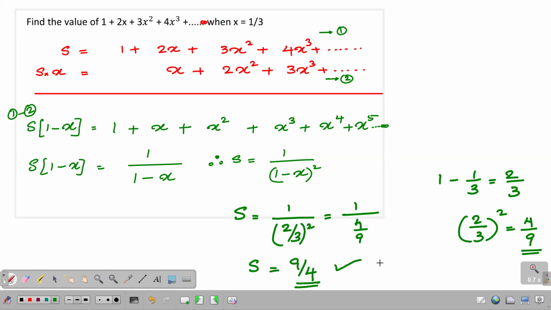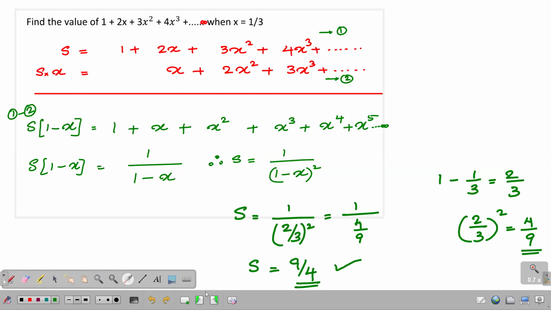This is the value you are asked to find. I assumed the value of this is s, so s is nothing but 9 by 4. So the value of this up to infinity will be 9 by 4. That is the answer.